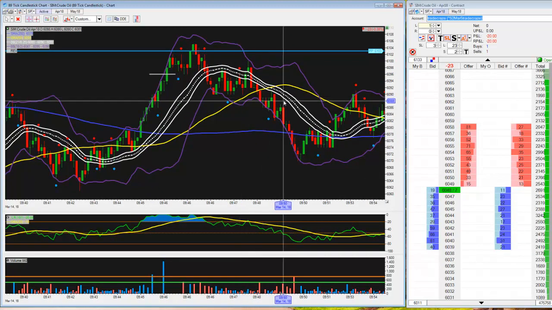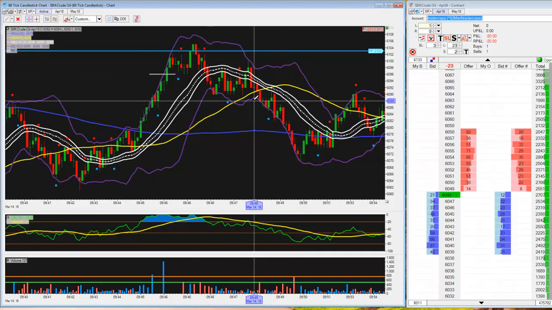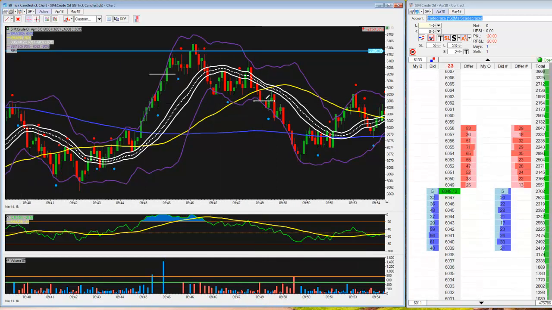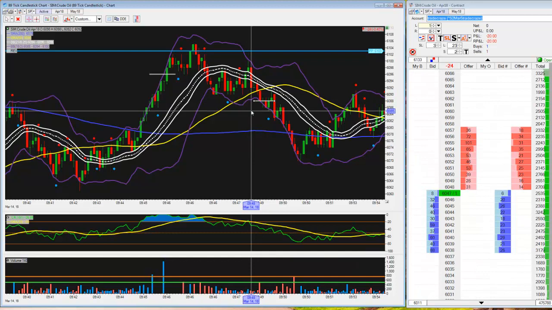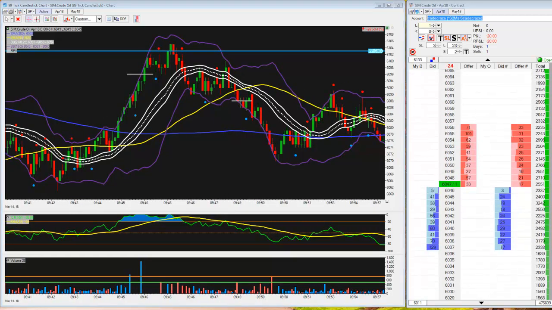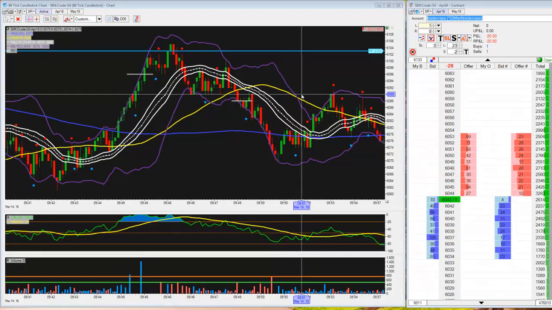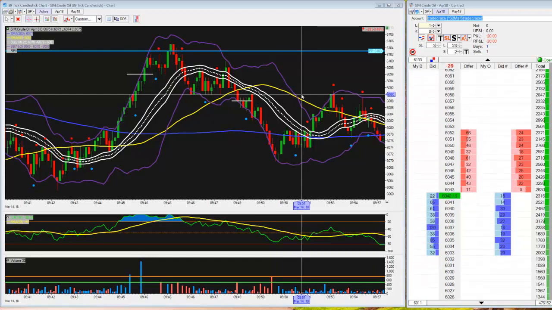Trade 2 would have been to go short right here. See here, that would be 60.88. Haven't looked to the right, so this is all new to me if we won or lost. 60.88, a stop of 60.88 plus 13 ticks is 61.01.